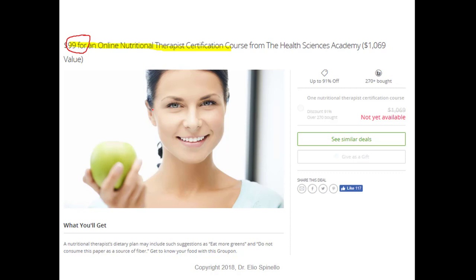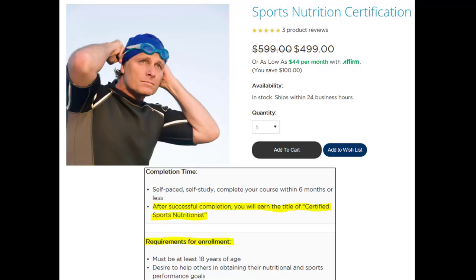Is the degree of training the same thing that you would get in a classroom if you were in a legitimate degree program? I would say no, it's not. But people do it, and then they do claim those certificates as proof that they're certified professionals in the field. Here's another one. You can be a certified sports nutritionist for just $500.